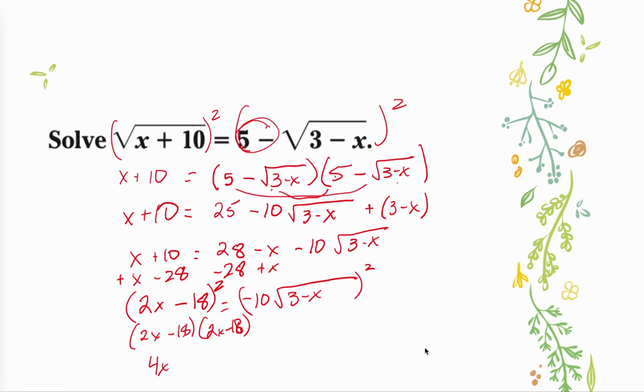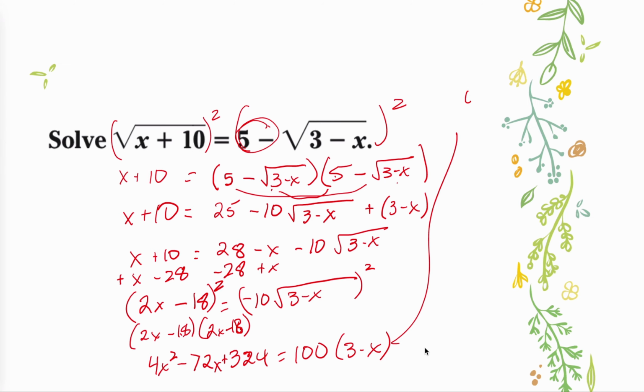Negative 18 times 2x is minus 36x, and another minus 36x is a minus 72x. Negative 18 times negative 18 is 324. Minus 324 equals 100 times 3 minus x.